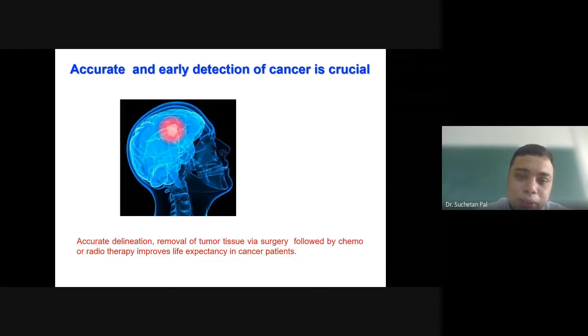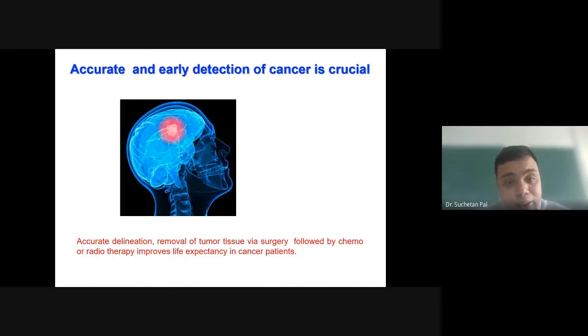You have some tumor in the brain. If you don't have any nanoparticle injected, this tumor tissue doesn't have any contrast with the normal tissue, and therefore during surgery the surgeon cannot distinguish between normal tissue and cancer tissue. Okay, so it's very difficult to do proper surgery to remove all the tumor burden from your brain.